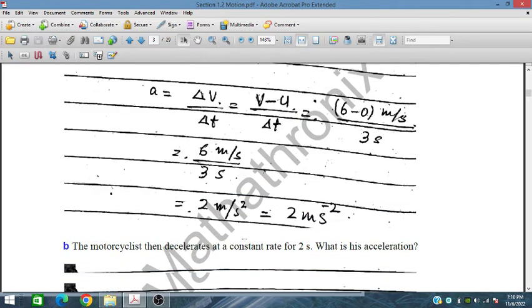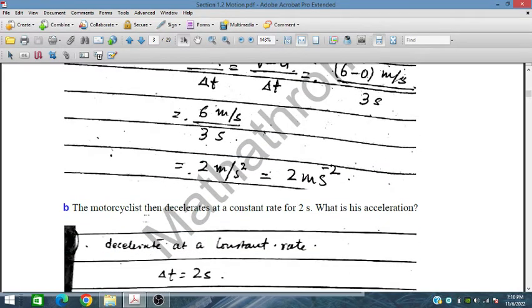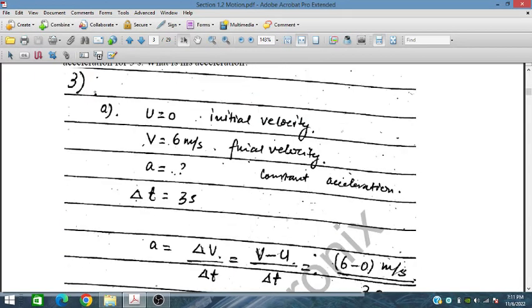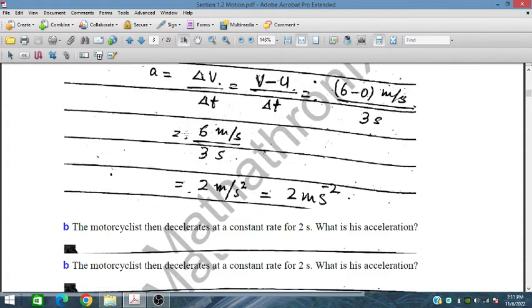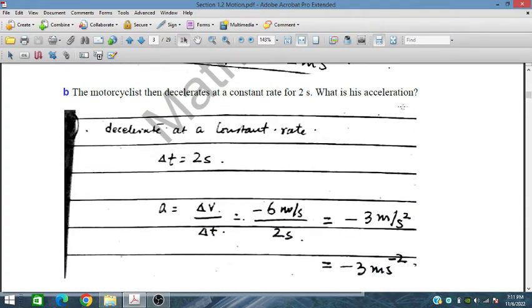Then the motorcyclist decelerates at a constant rate for 2 seconds. After reaching 6 meters per second, he decelerates at a constant rate for 2 seconds to reach zero speed. What is his acceleration?